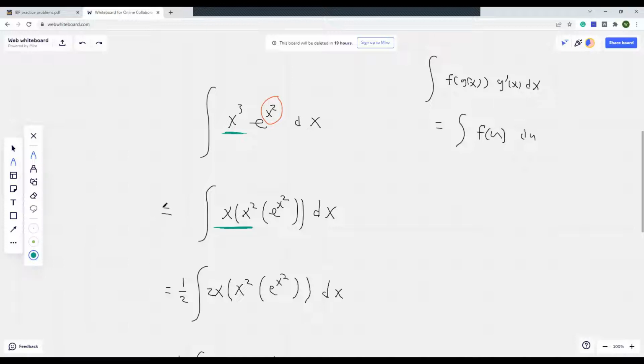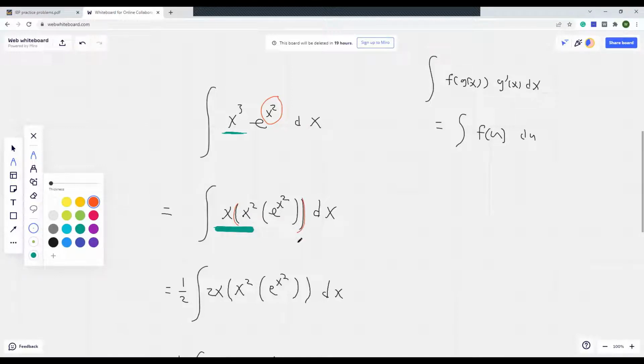What we do is we break it down like this, as we have on that next green line. Instead of x cubed, x times x squared. And just arbitrarily, I add these parentheses right here and here.